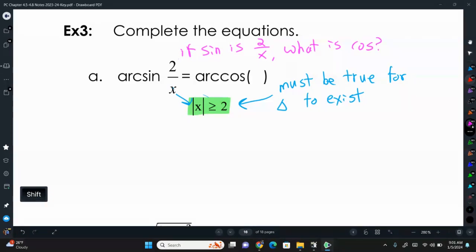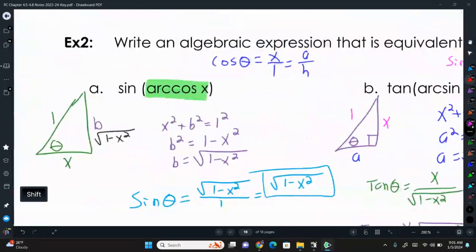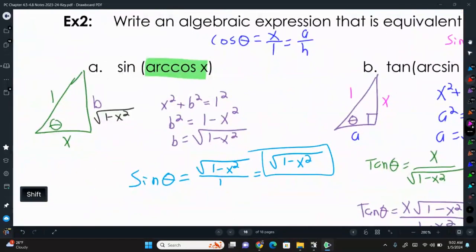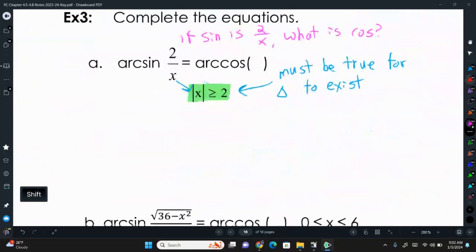So again, what we were doing up here, we said, hey, if in letter A, if cosine was x, what is sine going to be? So again, if sine is 2 over x, we're going to draw our triangle again. And sine is the opposite over hypotenuse. We need to figure out what cosine is.